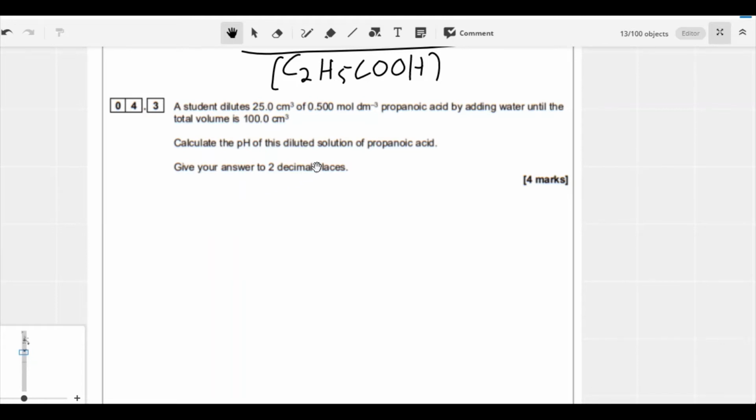First of all, we need to find the concentration of propanoic acid, because it is in a diluted form.